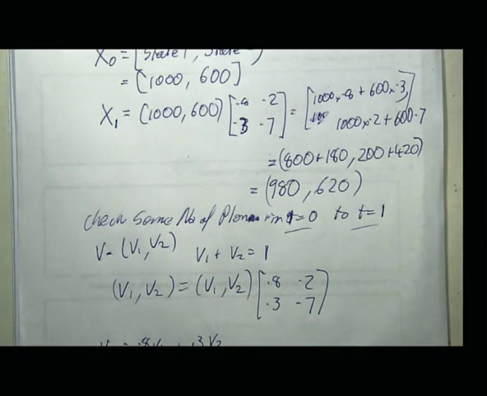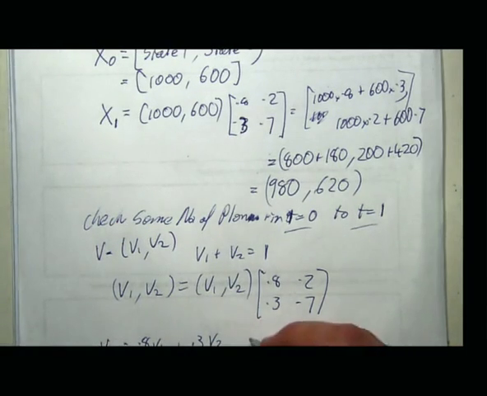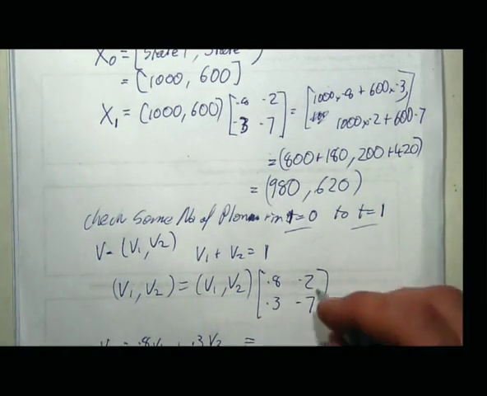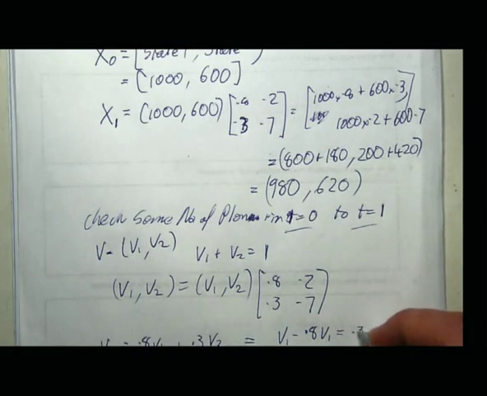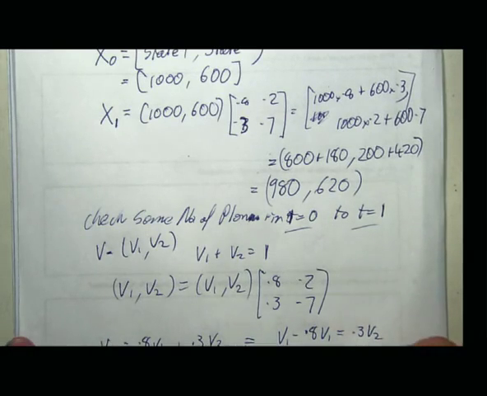Okay, so what I'm going to do is I'm going to rearrange this equation. I'm going to put this over here. So I'm going to have V1 minus 0.8 V1 is equal to 0.3 V2, or 0.2 V1 is equal to 0.3 V2. And so V1 is equal to 0.3 on 0.2 times V2, which is 1.5 V2.